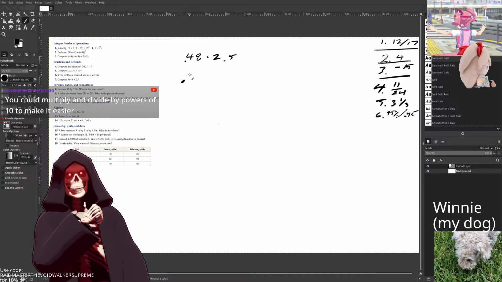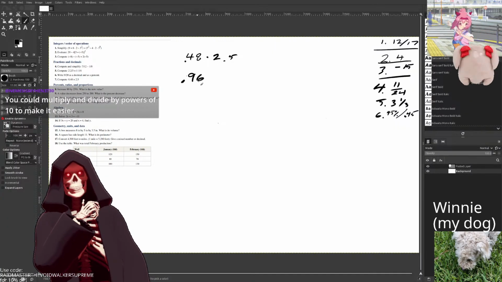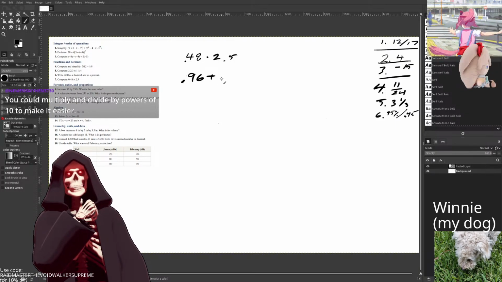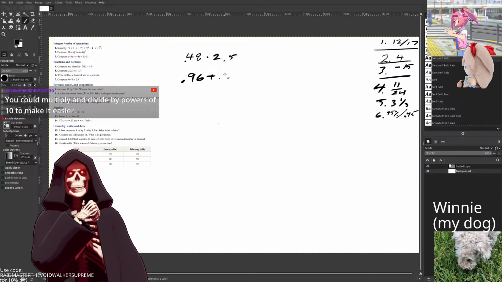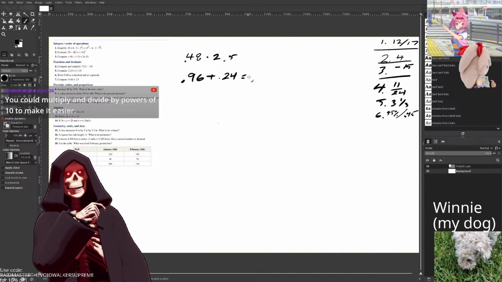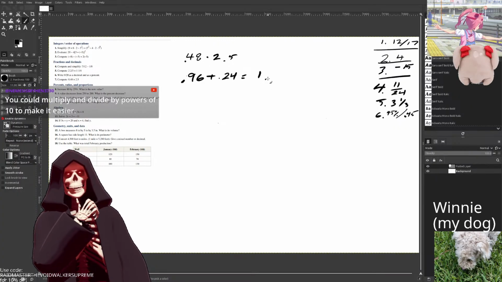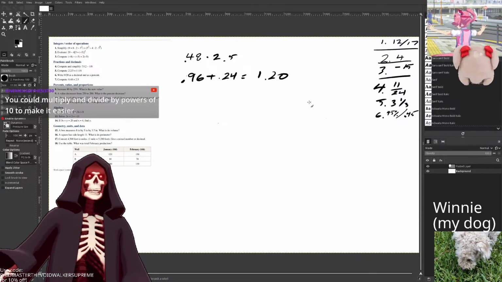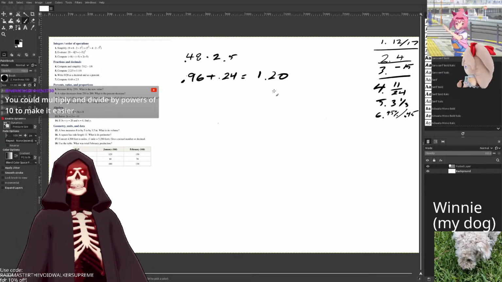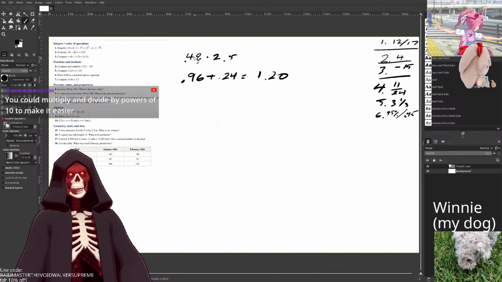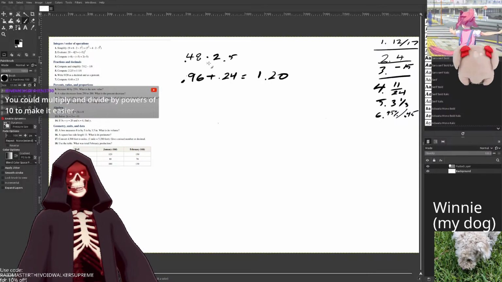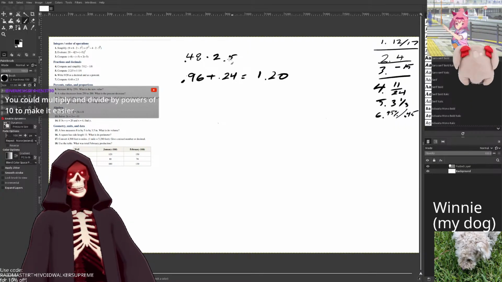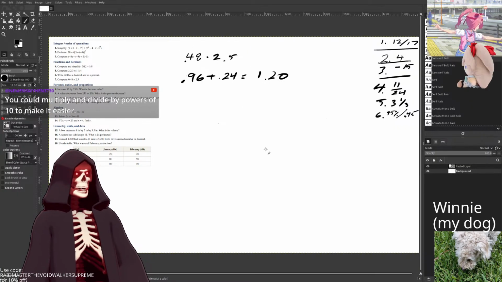That's 0.96, and you add that to 0.5 times 0.48, which is 0.24, which is equal to 1.20. That's exactly what I said, 120. That's the easiest way, is you take the two parts individually and you multiply them by the same thing, because they're basically two individual parts that you add together, but that you're multiplying.